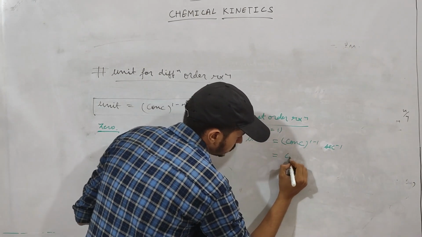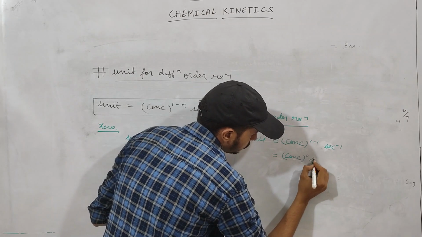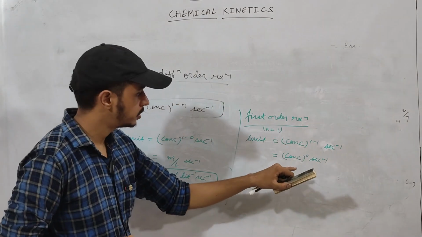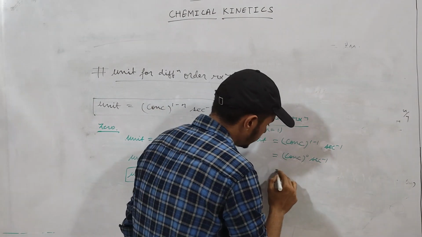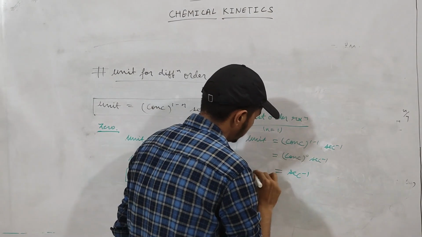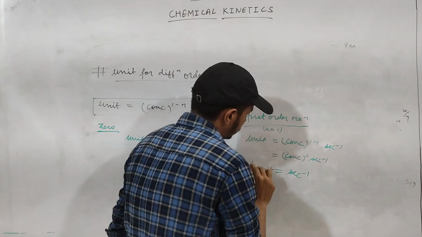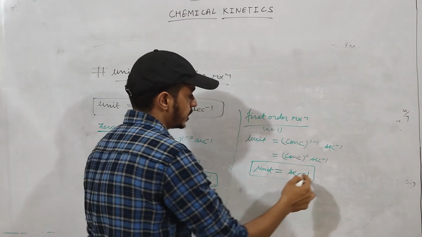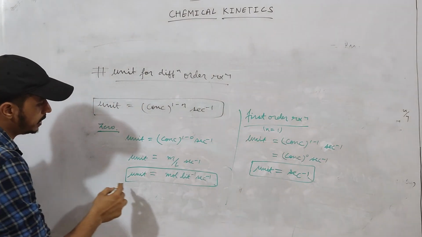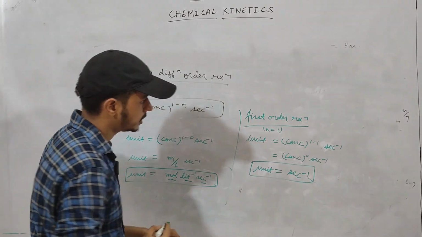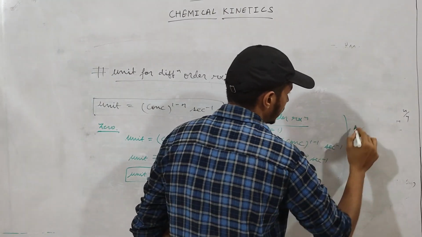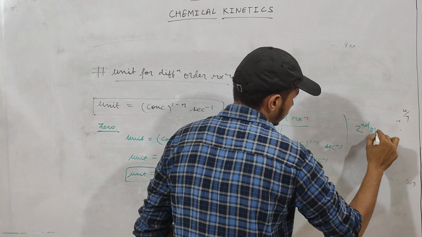So the concentration power will be 0 upon second inverse. Any number with power 0 becomes 1, and it becomes second inverse. So the unit for a first order reaction is always second inverse, and for a zero order reaction it is mole liter inverse second inverse.